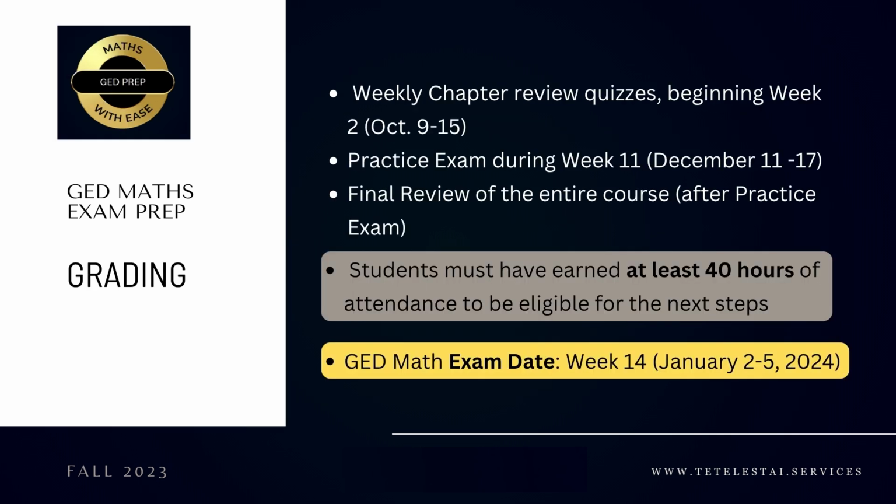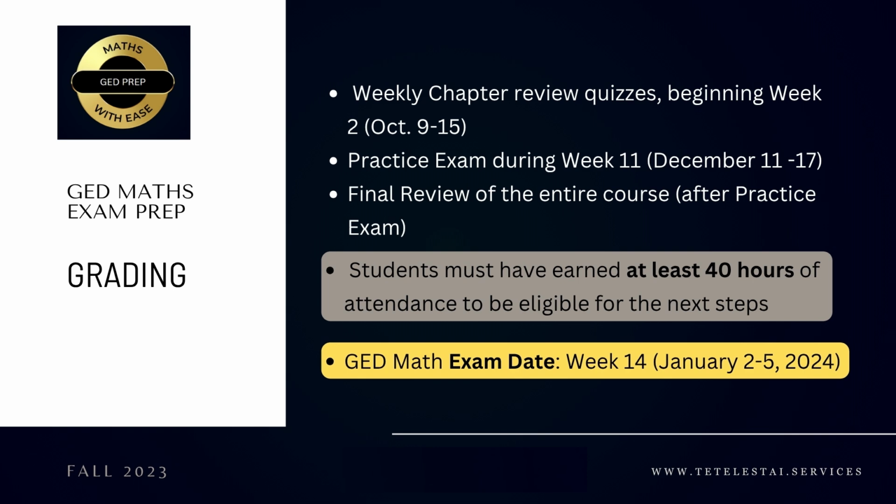So you may already know that there's no grading for this course, but there will be chapter review quizzes every week, beginning next week. So a practice exam is also scheduled for week 11 towards the end of the course.